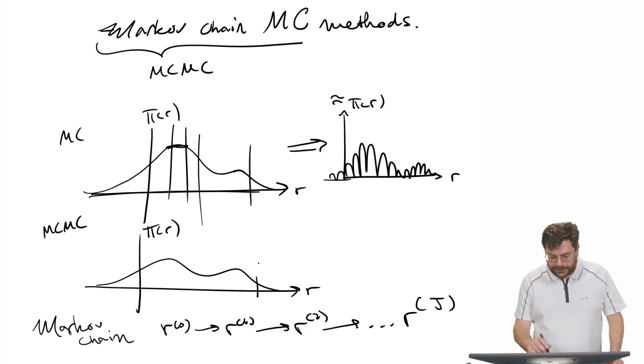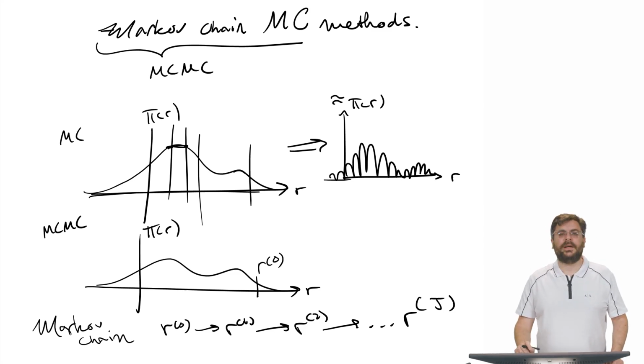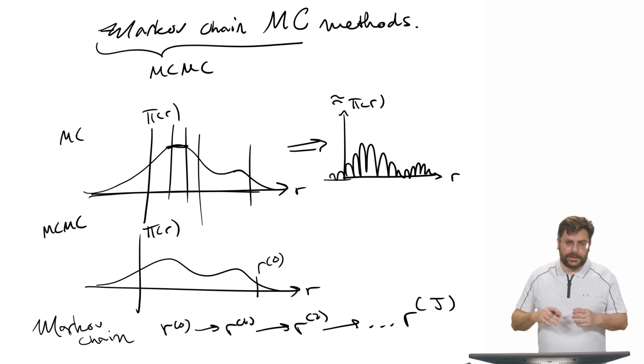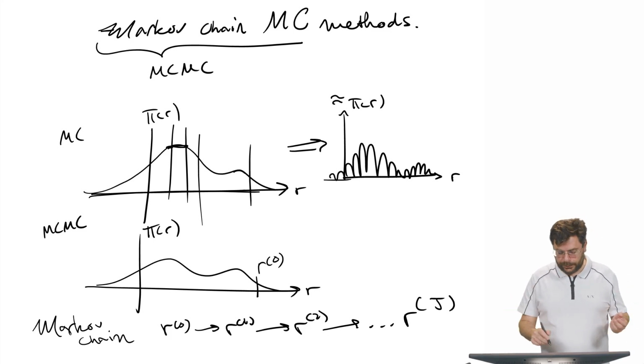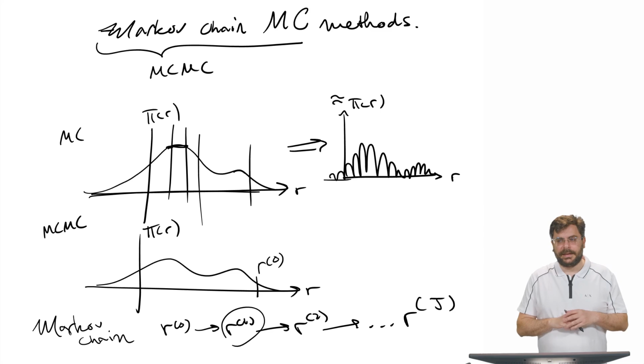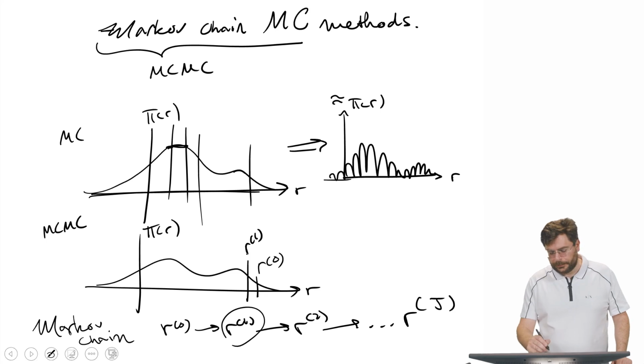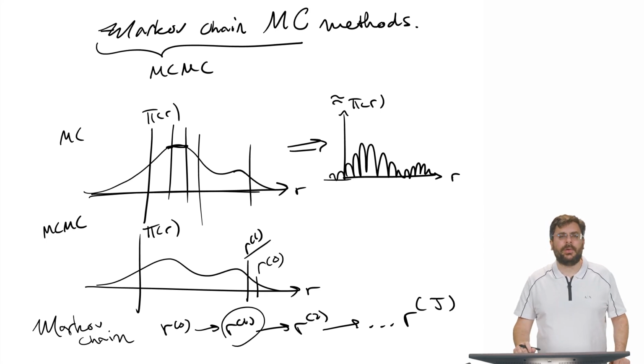So the idea is that I start by drawing one sample, we'll call that R0. And then the way Markov chain Monte Carlo works is that we propose to move somewhere else and decide with some acceptance probability whether we accept this proposal or not. If we accept it and we move somewhere different, then we end up at some R1.